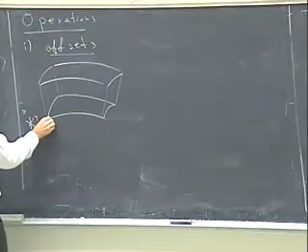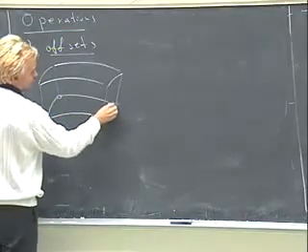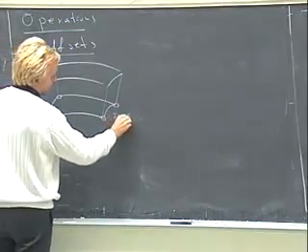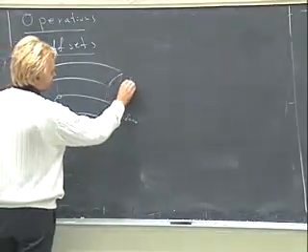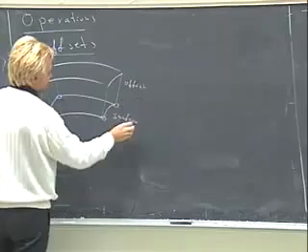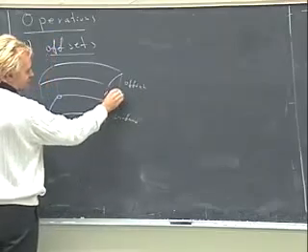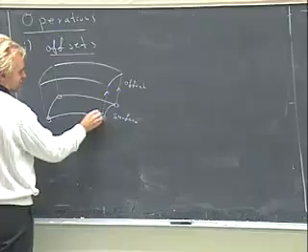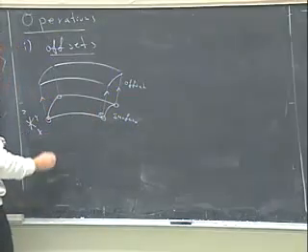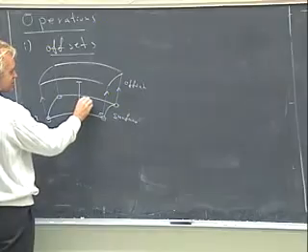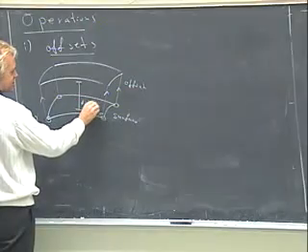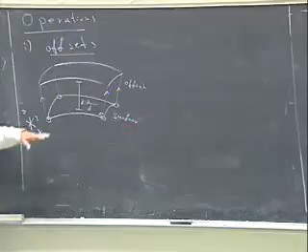So here was my original surface. And here is the offset surface, the offset. And again, this is in normal direction to the original surface, and at a constant distance d, everywhere.